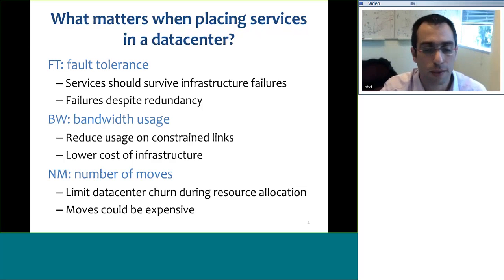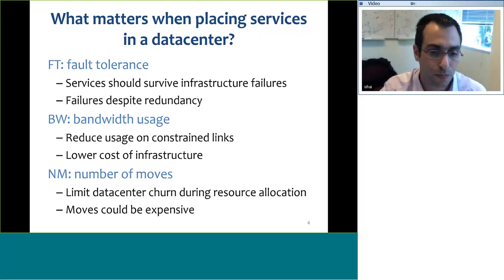Again, in principle you could double the bandwidth of the data center, but you don't want to do it. These are cost considerations. You cannot just solve the problem by buying more stuff.